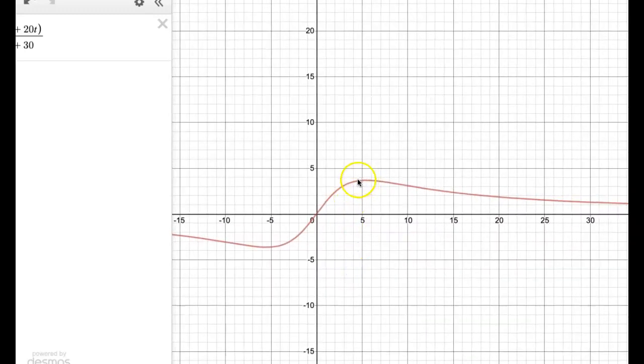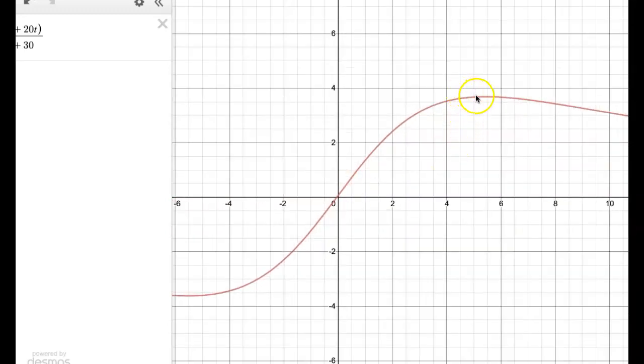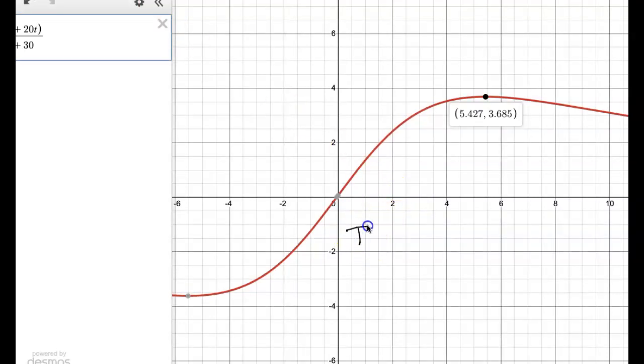And so we're trying to look for the highest part of this graph. So it looks like it's going to be right around here. So what we're saying is that in 5.427 minutes, the concentration is highest.